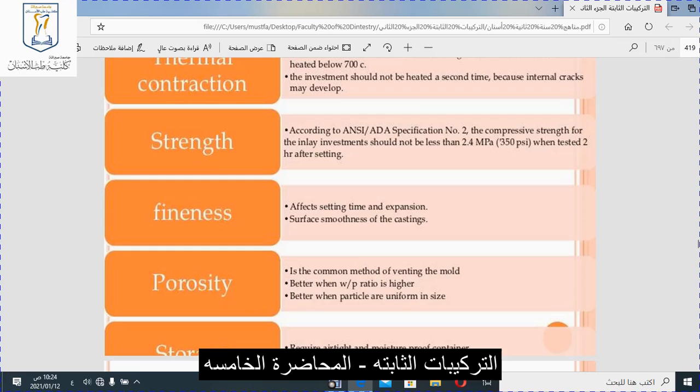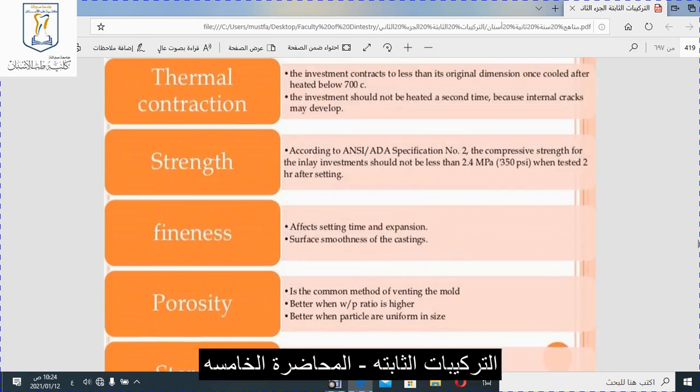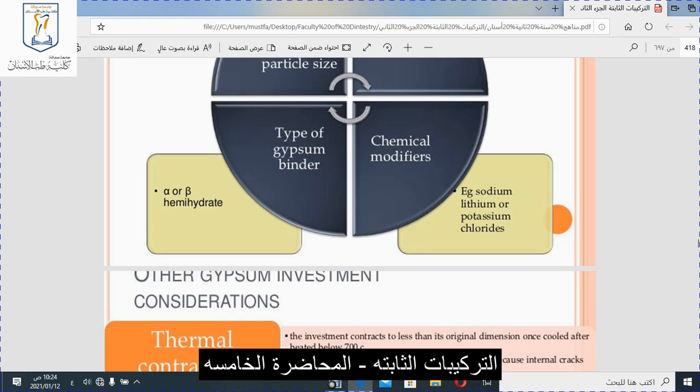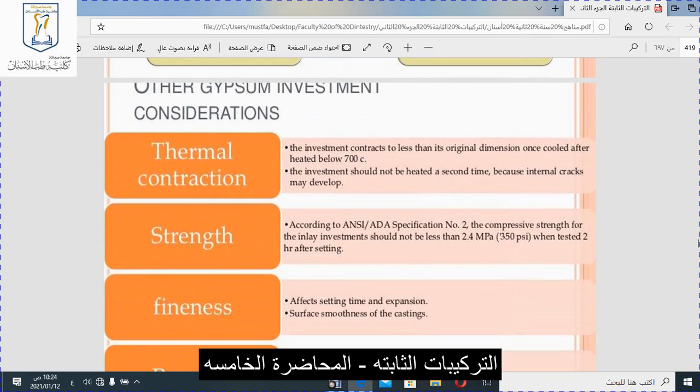With water, the water evaporates during setting and gives the cast a rough surface. And the second thing for silica gel is that it will give a smooth cast, avoiding the problem produced by water as the liquid for the investment, and it increases the amount of expansion.